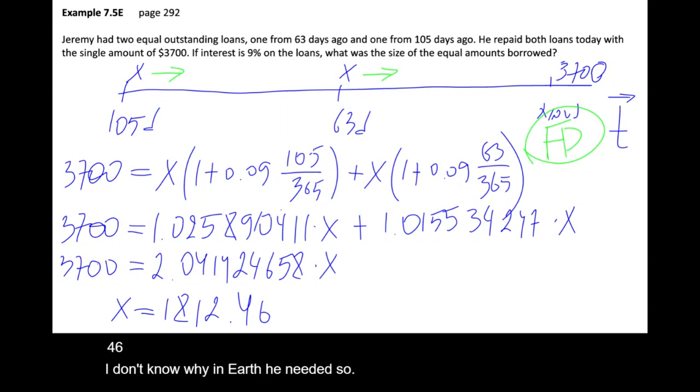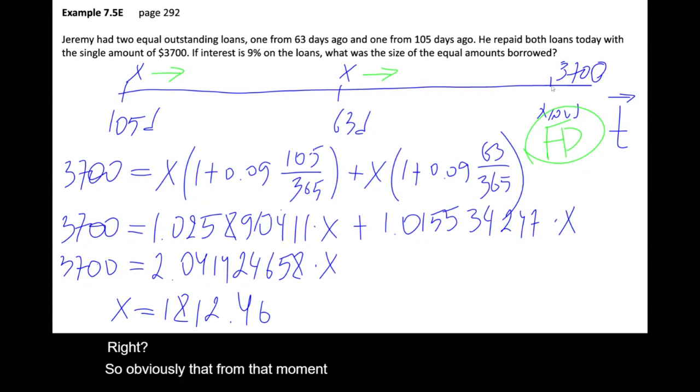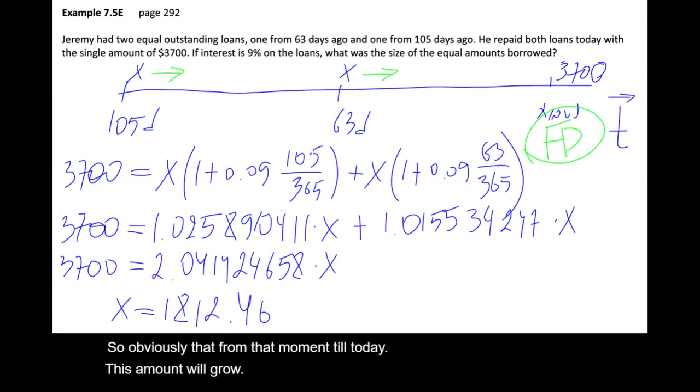I know that he borrowed an amount, right? I don't know how much, but I know that he did it 105 days ago, right? So obviously from that moment till today, this amount will grow with some interest. Is that part clear? Okay, so that's what I did.